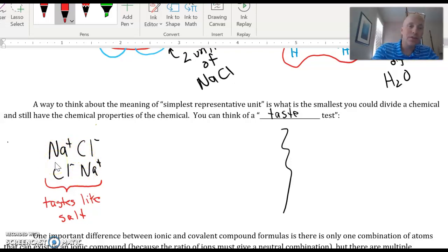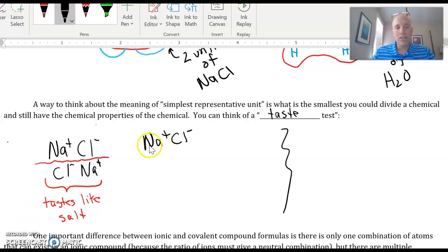And the thing is, you could take this arrangement right here, let's say that we broke it down the middle right here, so that we only had the top half. And if we did this, we would have this unit right here. And if you were to take these 2 atoms, put them on your tongue, it would still taste like salt.